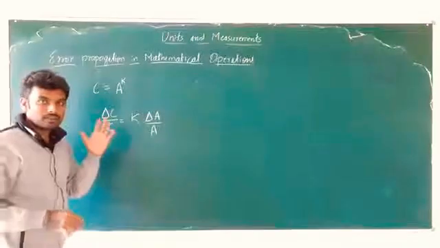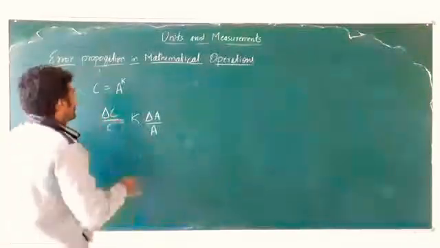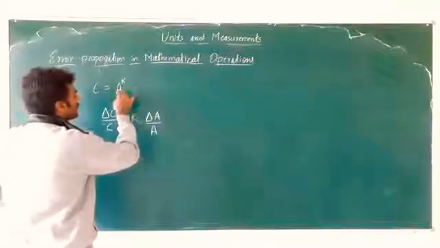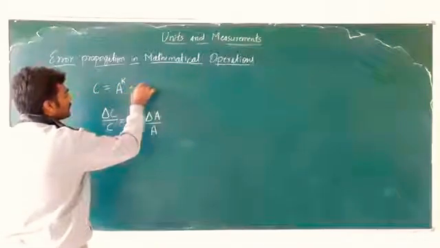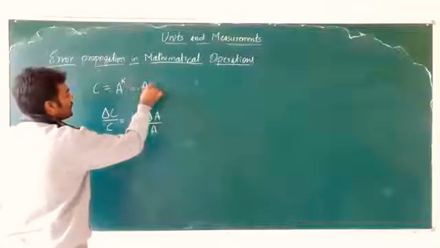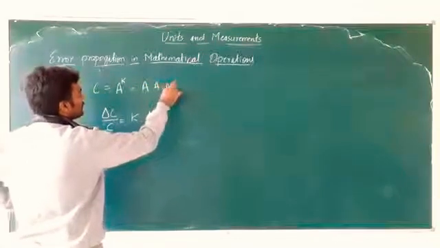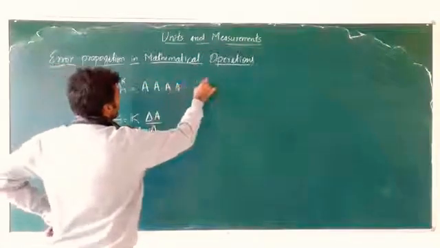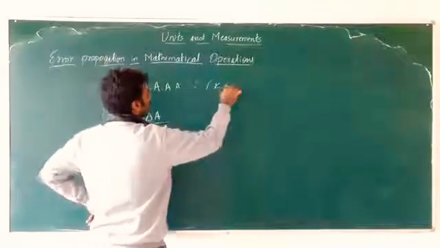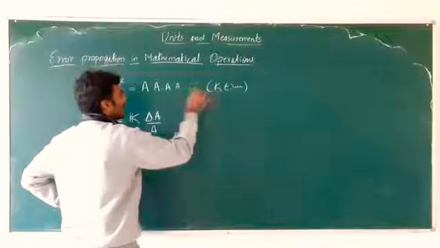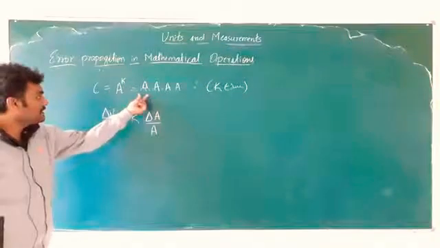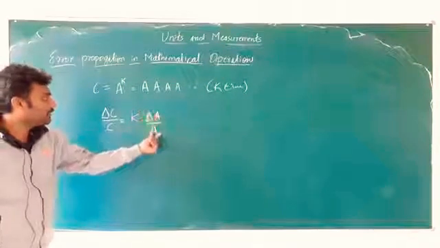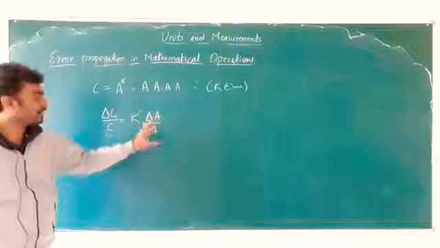Are you thinking how do we get this? Very simple. C is equal to A to the power of K can also be written as A into A into A into A, K times, right? We should multiply A K times to get A to the power of K. Now, each A will have delta A by A amount of error, relative error.